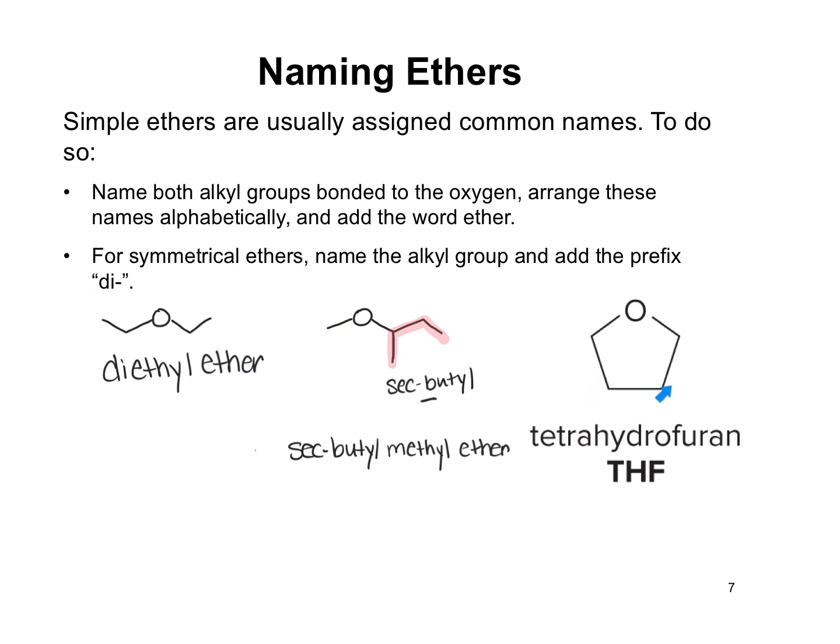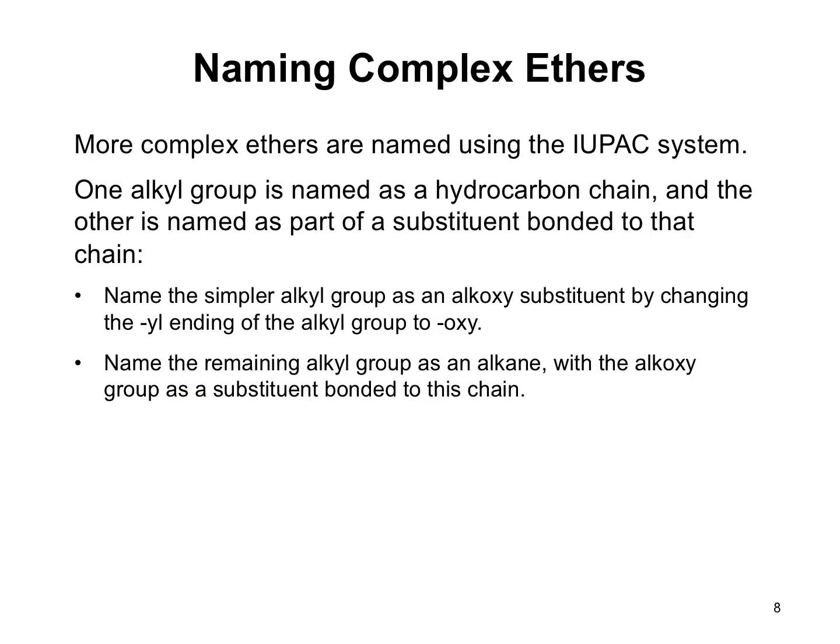An ether you should be able to recognize is one called tetrahydrofuran. It's abbreviated as THF. It's a really common solvent, and that's the shape that's shown there. Now, let's talk about naming more complex ethers. More complex ethers are going to be named using the IUPAC system, where one alkyl group is named as a hydrocarbon chain, and then the other is considered to be a substituent that's bonded to that chain.